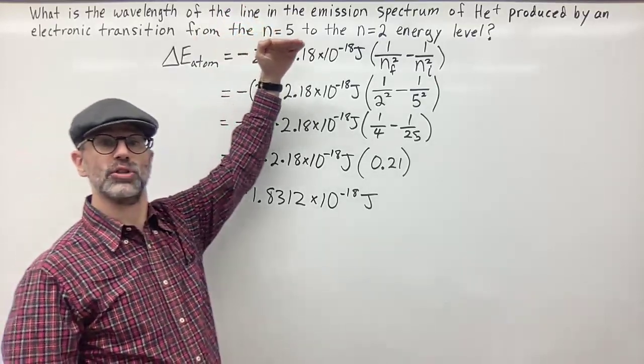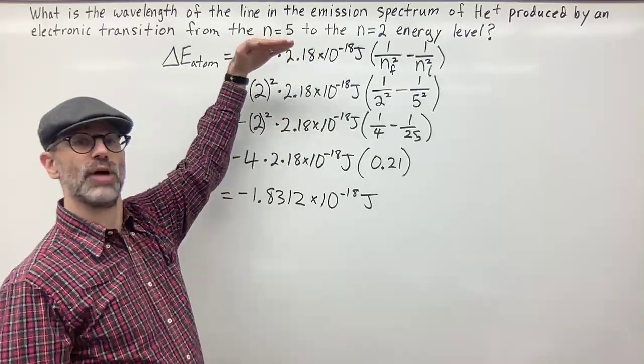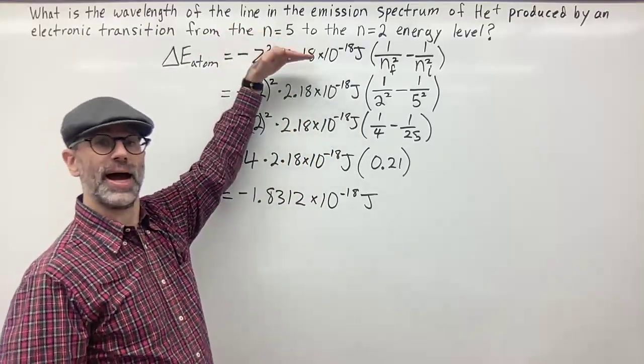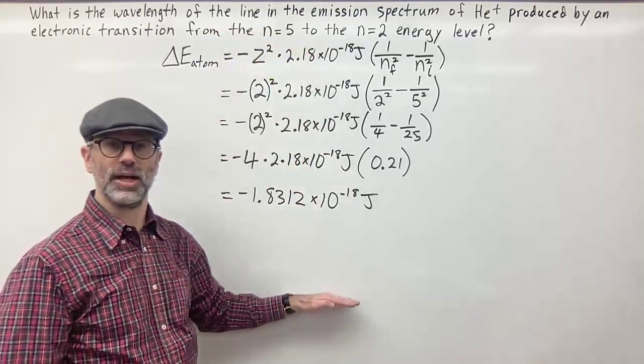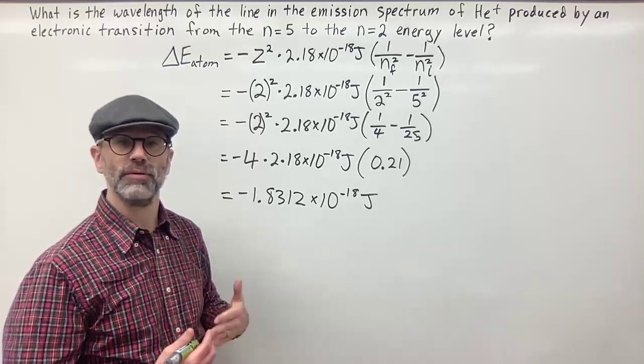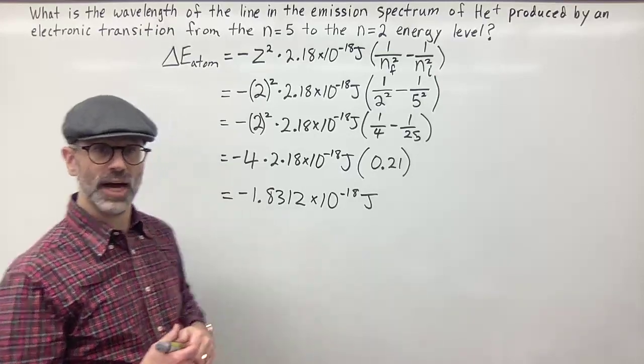It's going to go to n equals 2, which is closer to the nucleus. So the electron is moving down. When the electron goes from a higher energy level to a lower energy level, it loses energy in the form of a photon. So we need to figure out what the energy of that photon is.